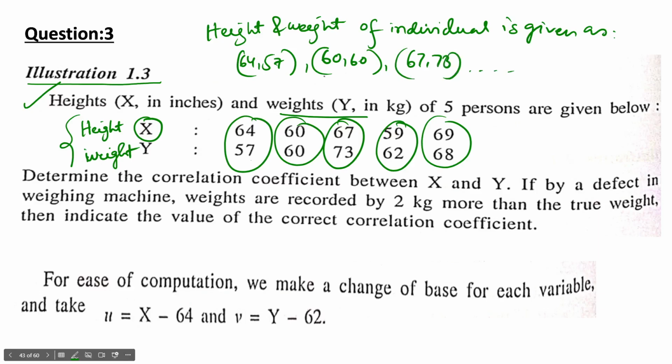It can be given like this also. Then in step 1 you have to put this into tabular form, because then you can get the actual representation of the data, that is height in the first row, weight in the second row. Then you can understand the nature of the data at a glance.